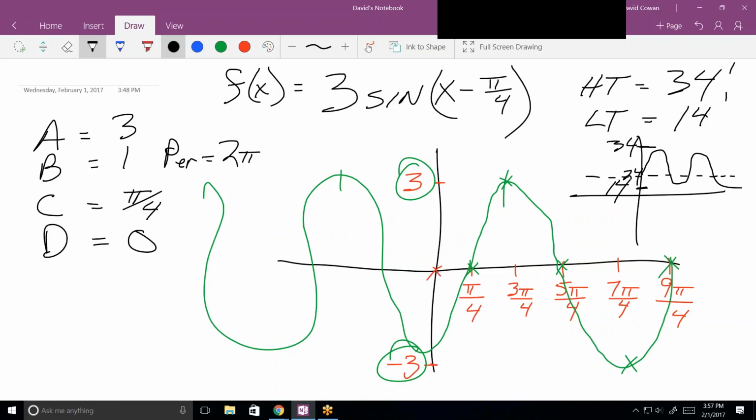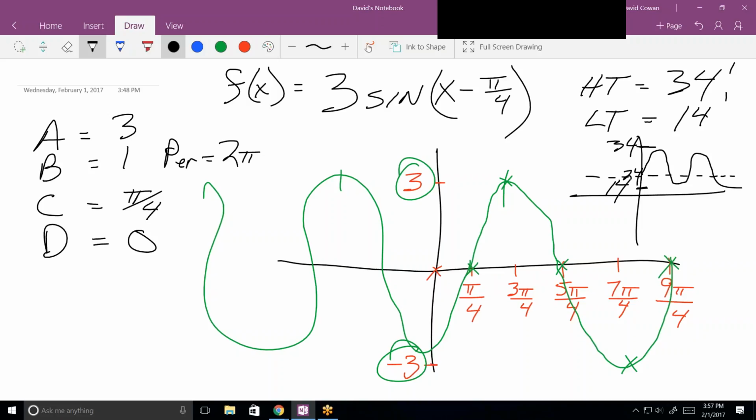So when they give you word problems, you can always figure out A and D by the maximum and the minimum values they give you. Another example might be where you wanted to model breathing and they said that when you take in a full breath, your lungs are holding 8 gallons of air.